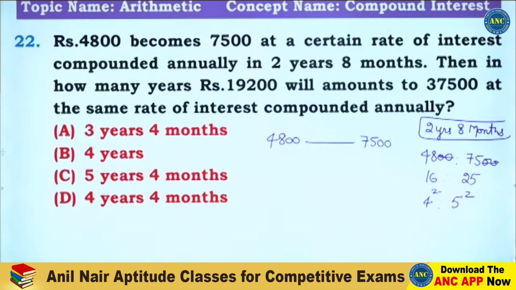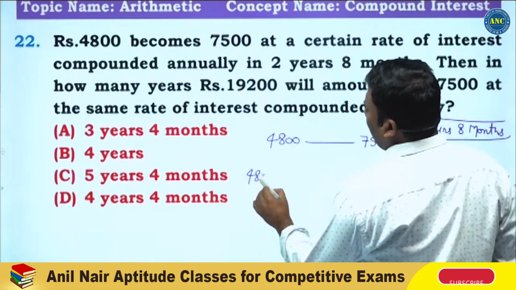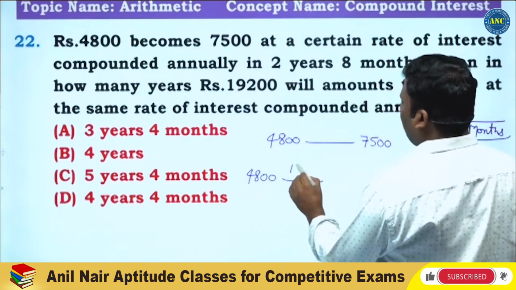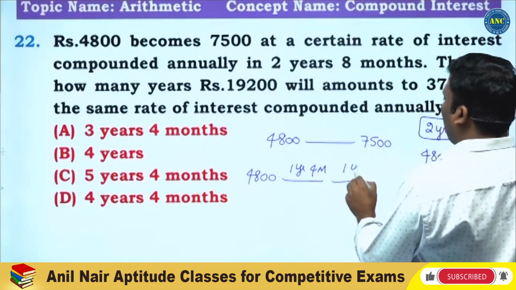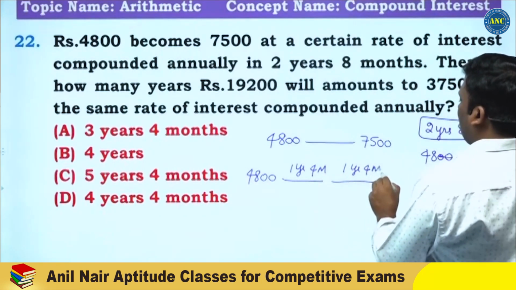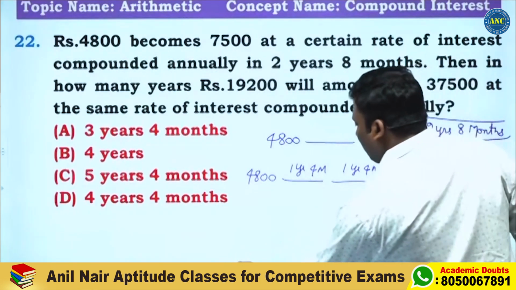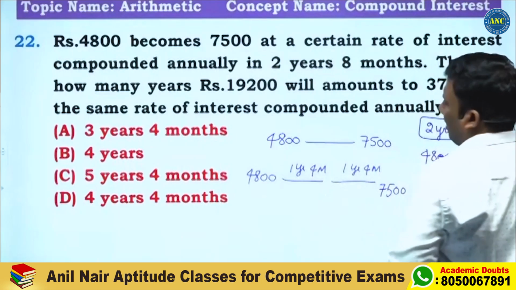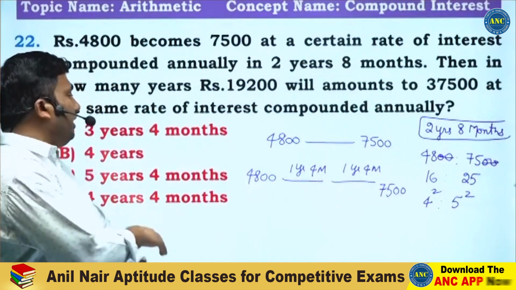That means I have to divide these 2 years 8 months into 2 equal parts. What will be the first part? 1 year 4 months. What will be the next part? 1 year 4 months. This will be 7,500. Till here it is clear. Why it is divided into 2 is clear.